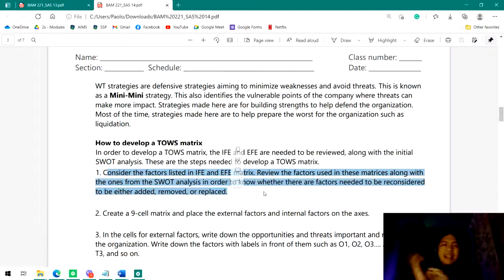Kailangan ba natin magdagdag ng factors? Kailangan ba natin magbawas? Or kailangan nating baguhin yung factors na nakalagay doon sa SWOT and IFE matrix natin?